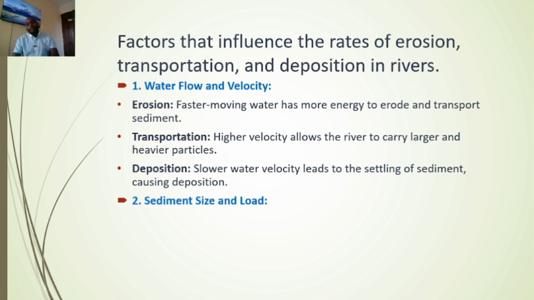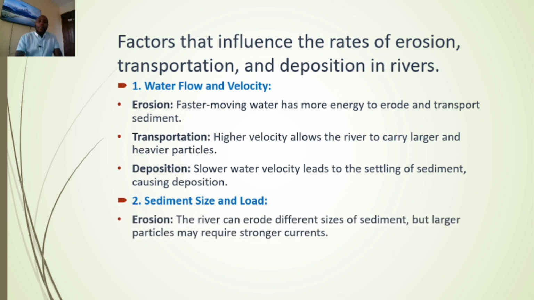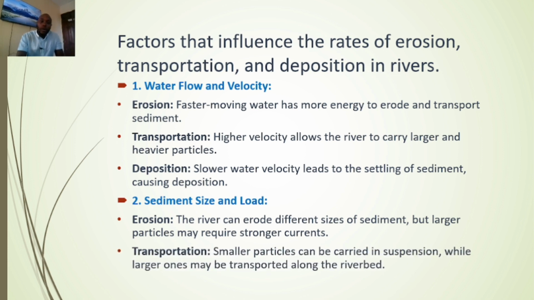All right, sediment size and load. Now, how is it influencing erosion? The river can erode different sizes of sediment, but larger particles may require stronger current. So if we have a large sediment size and load, it is going to be difficult to erode as compared to those that are small. So the larger sediment will require stronger currents for them to be eroded. We talk about transportation.